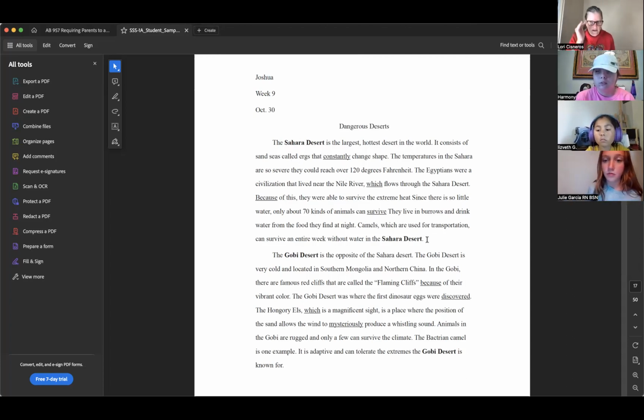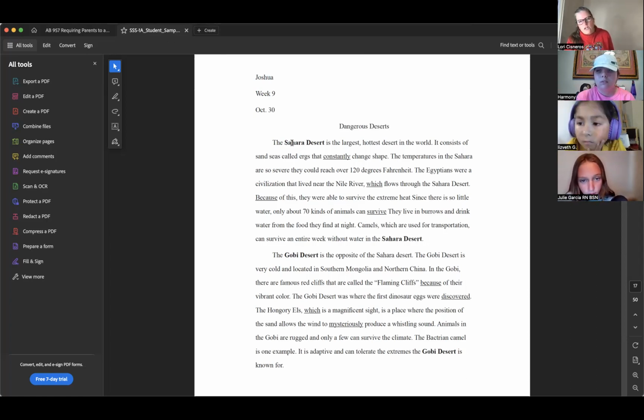And like our little saying, you want to either repeat the same words or reflect, which means almost the same, but a little bit different in each of those sentences. So technically, this person, Joshua, has Sahara Desert and Sahara Desert. So you might already have those 2 words, Harmony, in your topic and clincher.